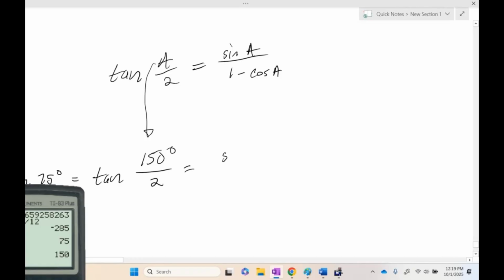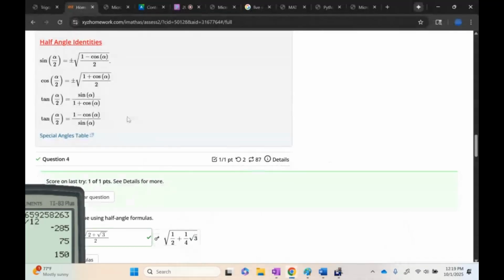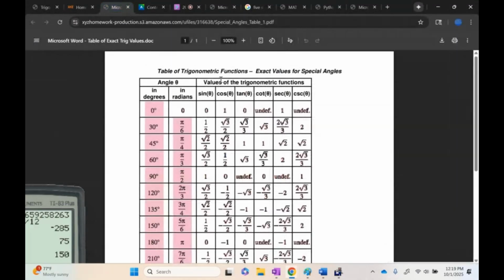So this is equal to the sine of 150 degrees divided by 1 minus the cosine of 150 degrees. If we look at our special angles chart, it looks like the sine of 150 degrees is 1/2, and the cosine is negative square root of 3 over 2.